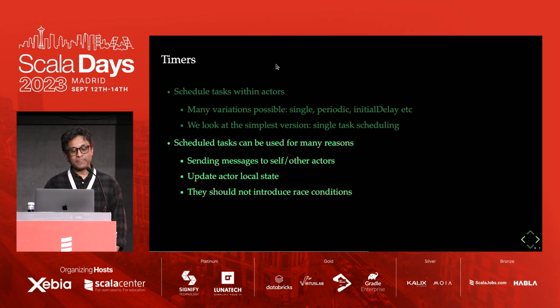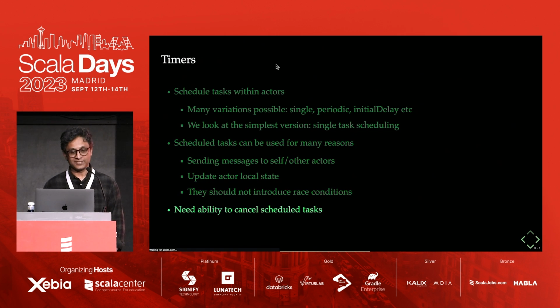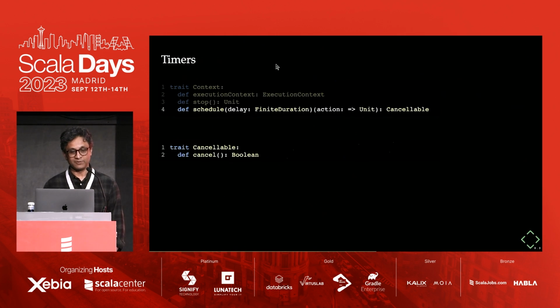And you can do all kinds of things. Akka recommends you use this only to send messages to yourself or other actors, but we can also update the local state, and there won't be any race conditions because of the same reason that we looked at earlier. The implementation is again simple.